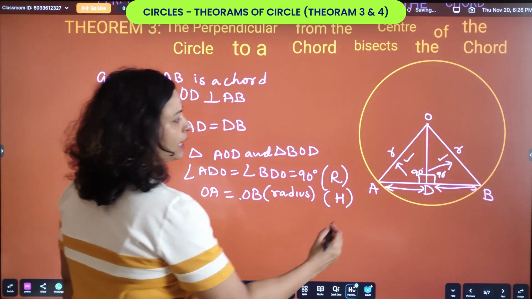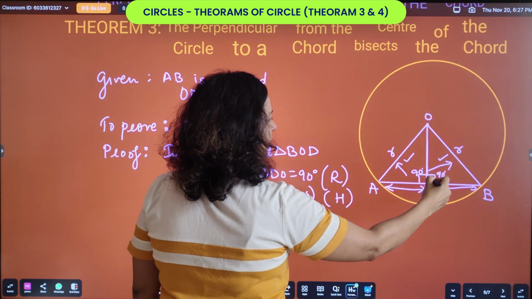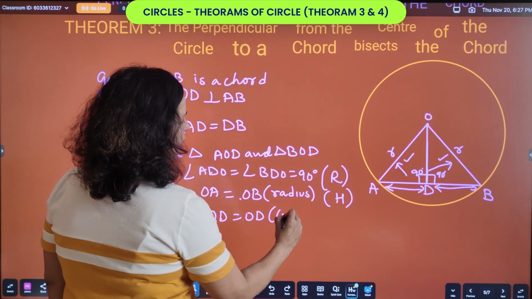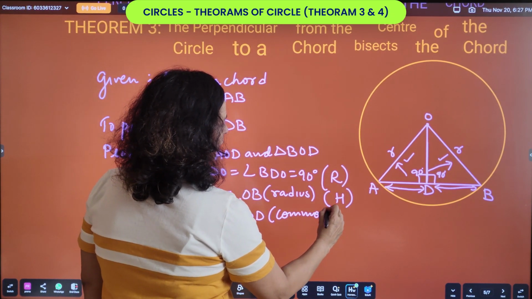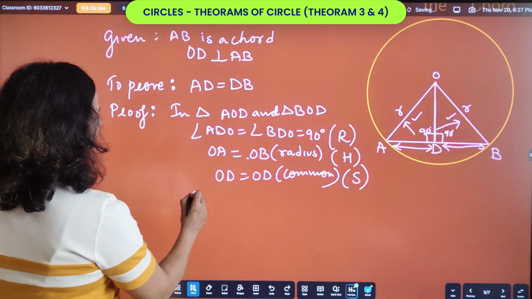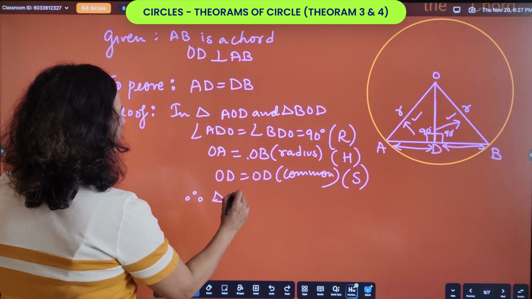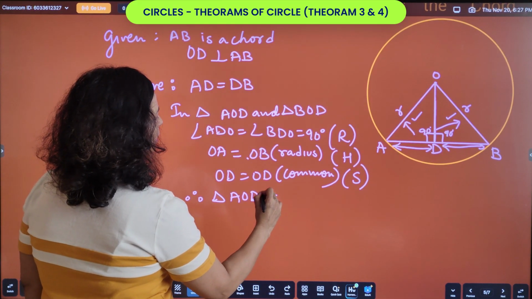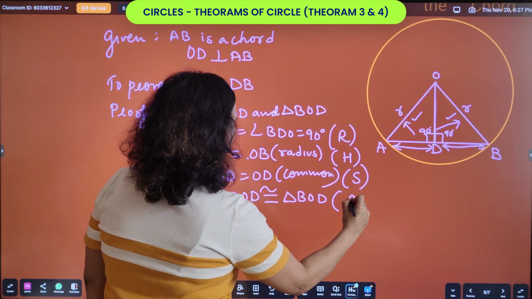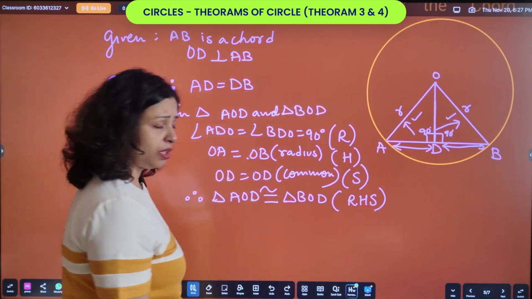And the side: you see that OD is the common side, so OD is equal to OD. So this becomes the side. It is very clear that the triangles are congruent: triangle AOD is congruent to triangle BOD by RHS congruency.